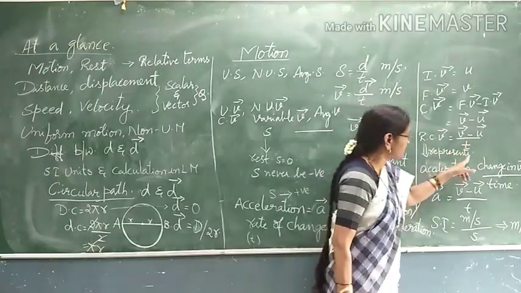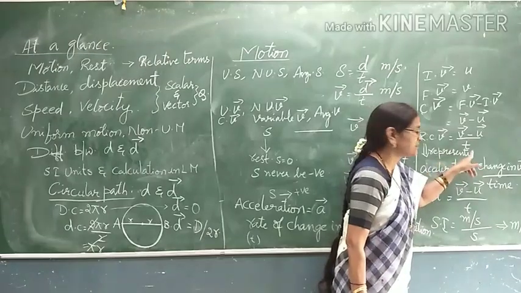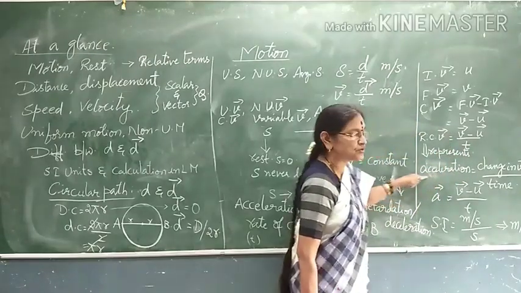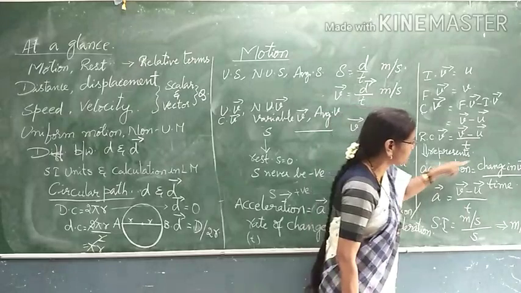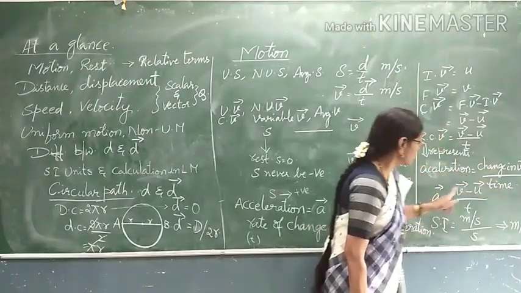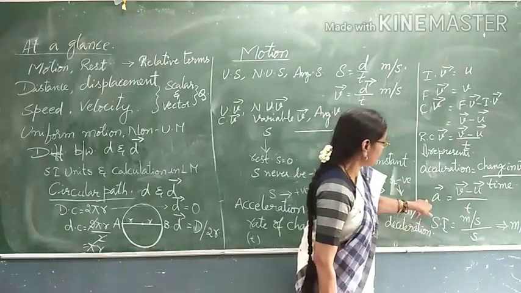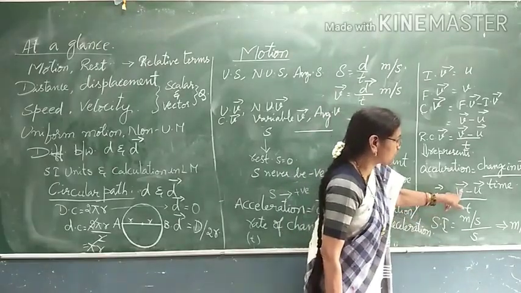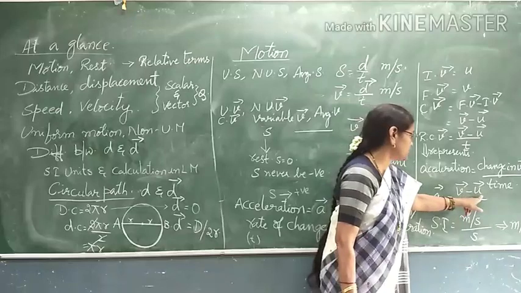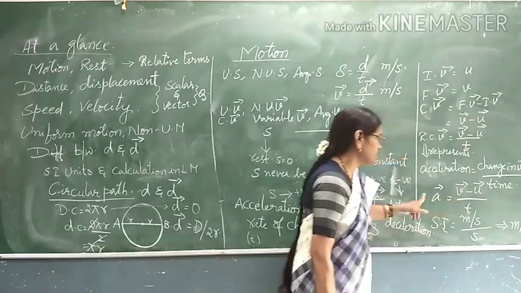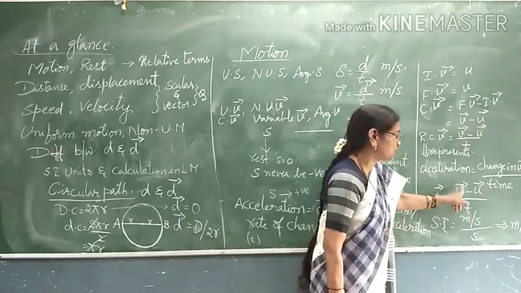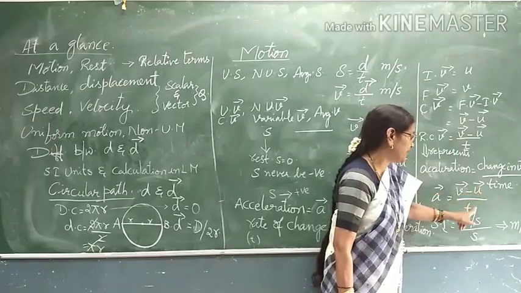By definition, this represents acceleration. So acceleration is change in velocity by time. Mathematically, a vector is equal to v vector minus u vector by t.